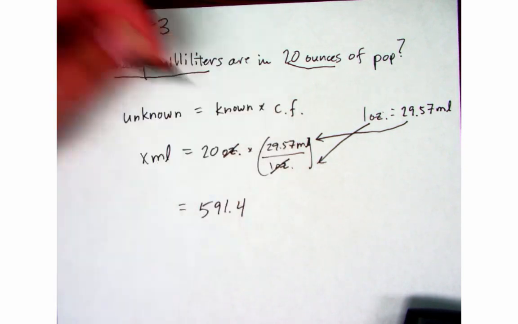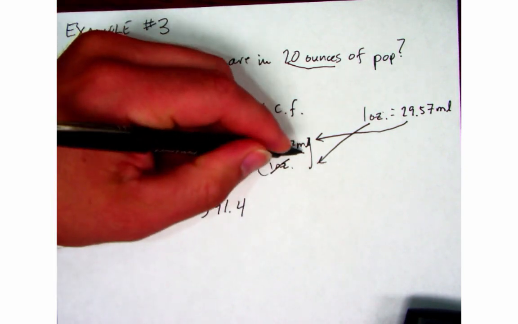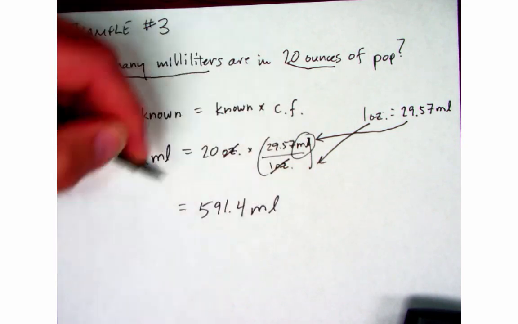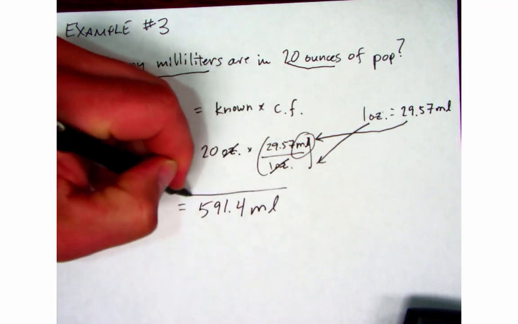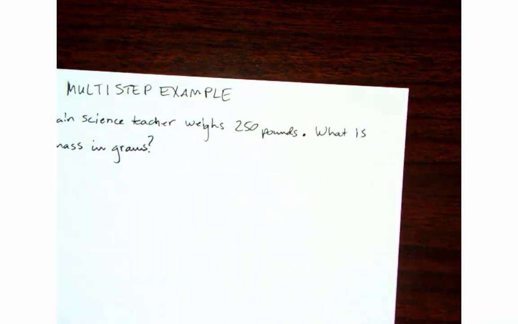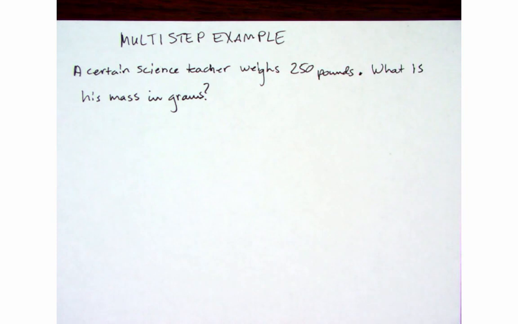Ounces cancel out ounces, and what I'm left with are milliliters, and that is my final answer, 591.4 milliliters in 20 ounces. Okay, one more example, and this time we're going to do a multi-step example. So, a certain science teacher, who will go unnamed, weighs 250 pounds. What is his mass in grams?